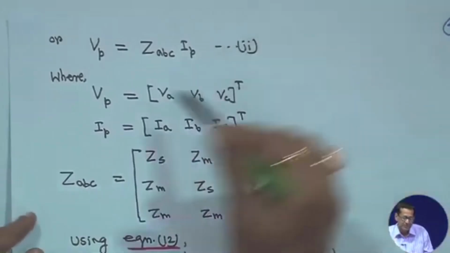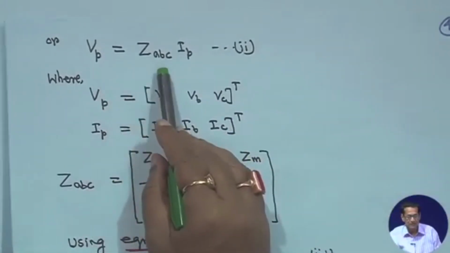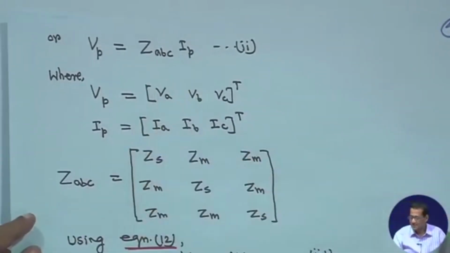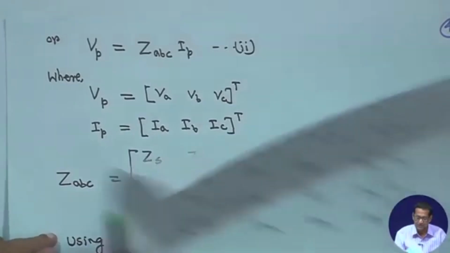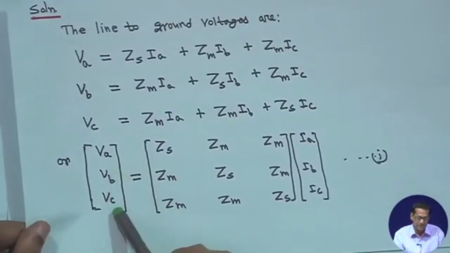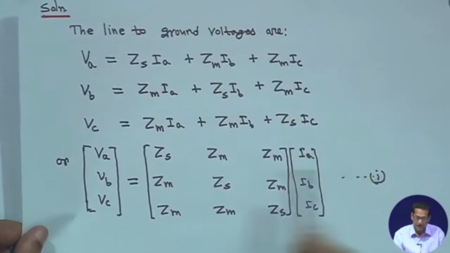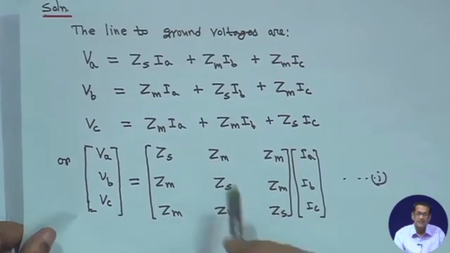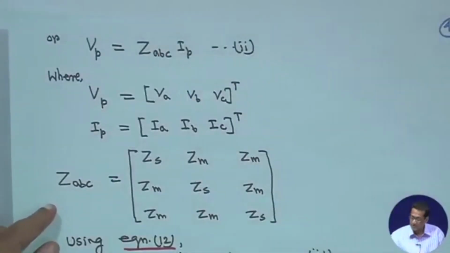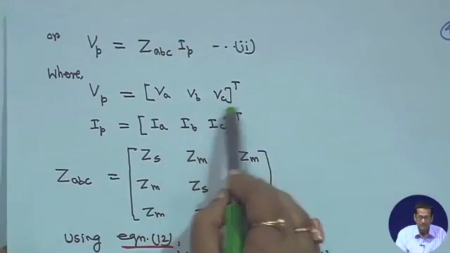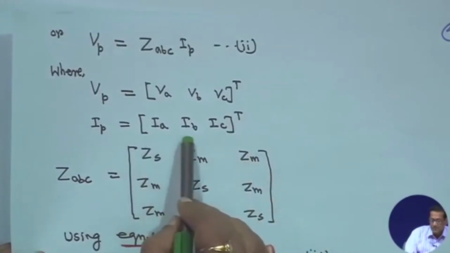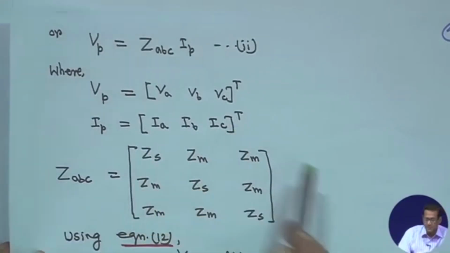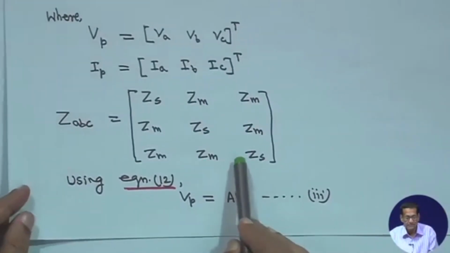We know from the same relation that Vp is equal to ZABC Ip, where Vp is equal to VA VB VC transpose, Ip is equal to IA IB IC transpose, and this is your ZABC matrix.